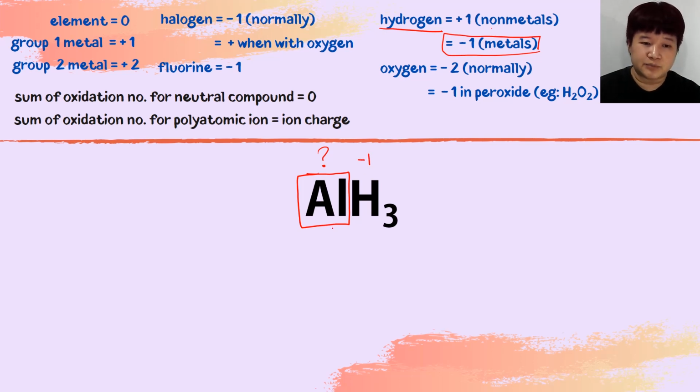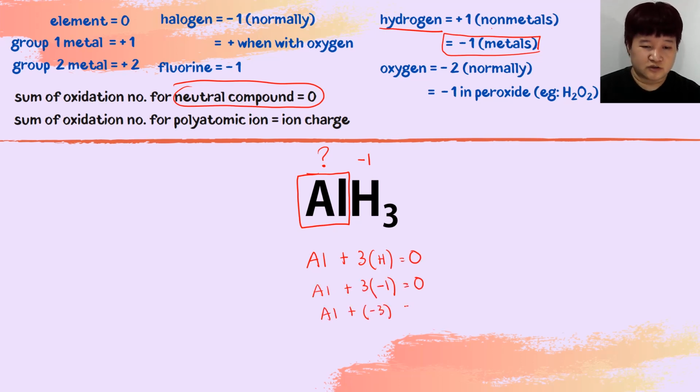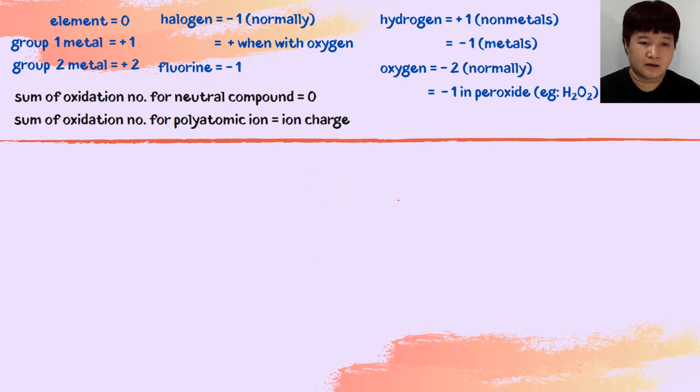And your aluminium hydride is a neutral compound where the total oxidation number must equal 0. So you have aluminium plus 3 hydrogen equals 0. You can solve out the mathematics and you realize that your aluminium is positive 3. So the oxidation number for aluminium will be positive 3 in this case.